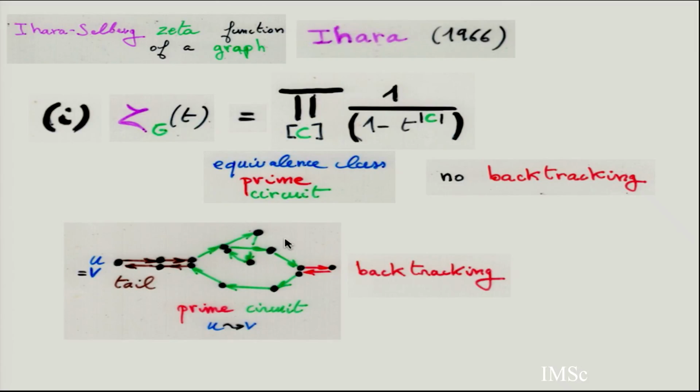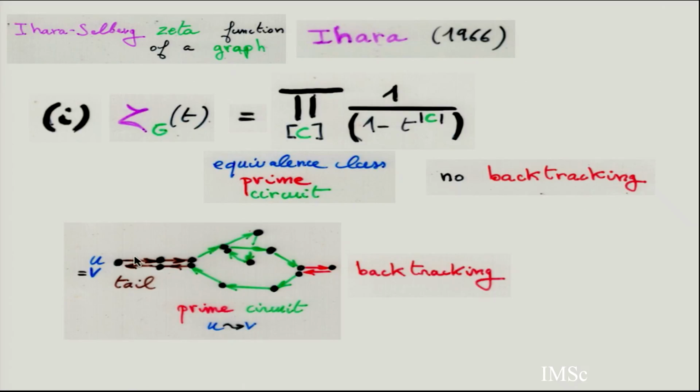It means that if you take a representative of the equivalence class, like this one, start in U and end in V. This is called a tail. The tail is when in U you start with these edges, maybe you do many things, and you go back on the same edges in the reverse way. So this is not a backtracking, this is a tail. A backtracking is two consecutive edges.